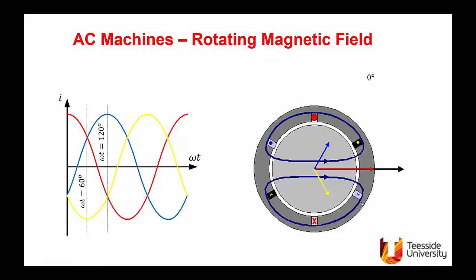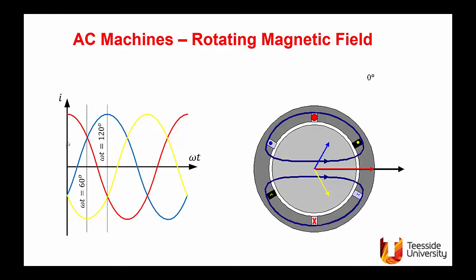And here you can see the 3 coils, that's the red, the blue, and the yellow. First of all, at theta equals 0, the blue and yellow currents are equal and in one direction. So the blue and yellow fields are equal in magnitude.